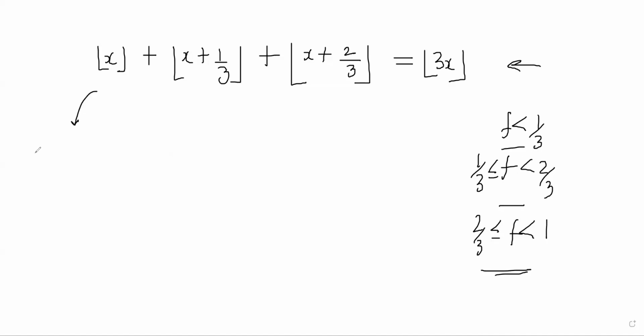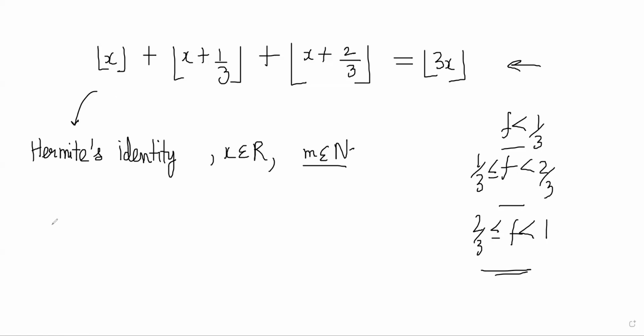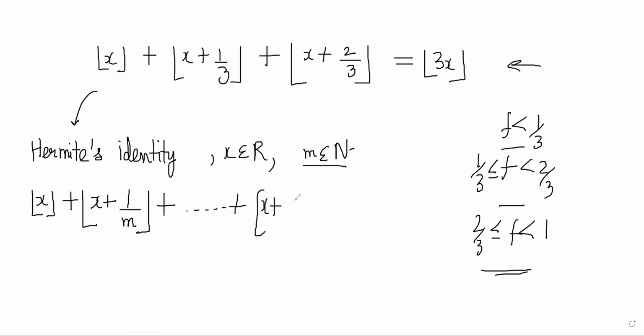And in general, there is an identity known as Hermite's identity. So this is the extension of this particular concept. What we'll say is if x belongs to the reals and m belongs to the natural numbers, we can show that GIF of x plus GIF of x plus 1 by m plus so on till GIF of x plus m minus 1 by m, right?